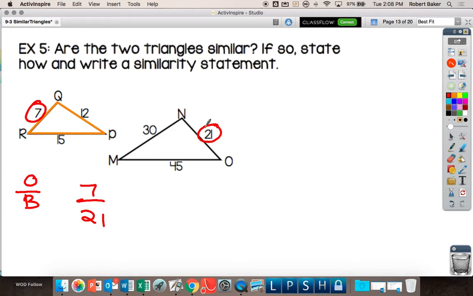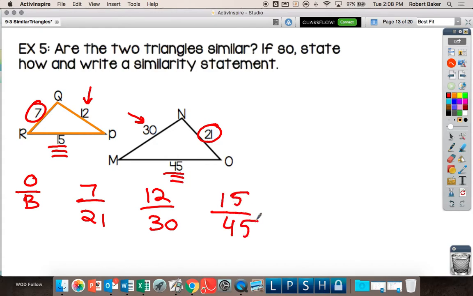And then 12 over what? 12 over 30. And then, now here's a huge hint.